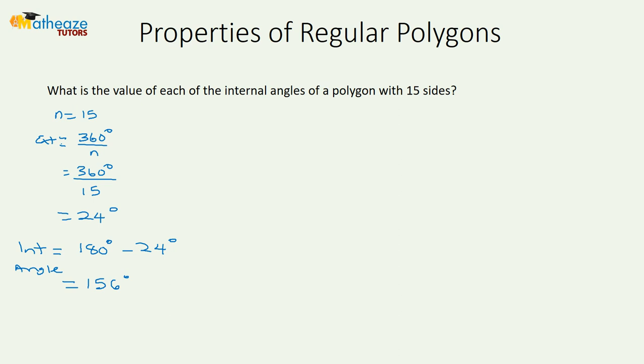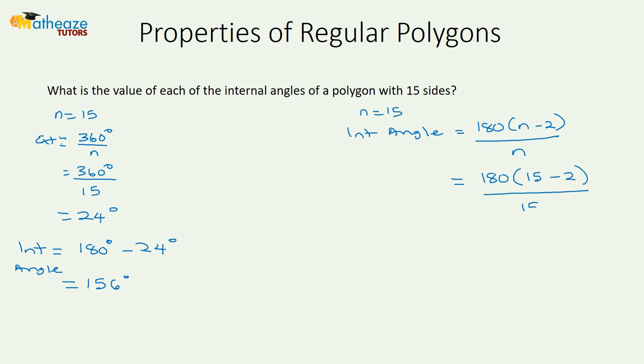Let's look at method number 2. The internal angle is going to be equal to 180 multiplied by n minus 2 divided by n, which is 180 multiplied by 15 minus 2 divided by 15.